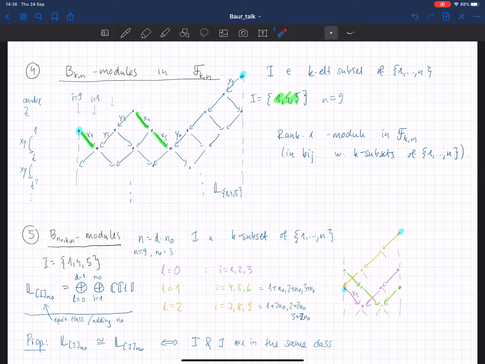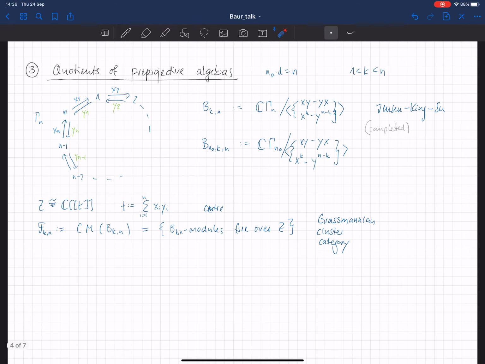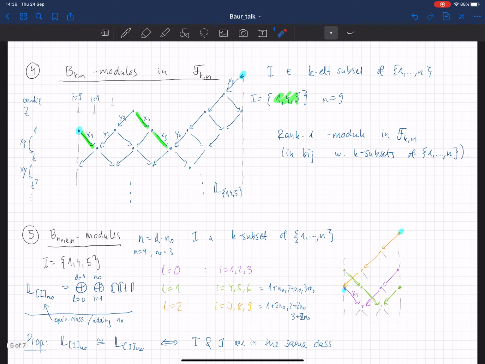So this should be viewed as a lattice diagram on a cylinder which is infinitely high. It just goes on forever, because also, as you've seen, the algebra goes on forever. Okay? These are rank 1 modules because when we restrict to a copy of the center and just look at one of these vertices, 1 up to n, we really have one copy of the center.